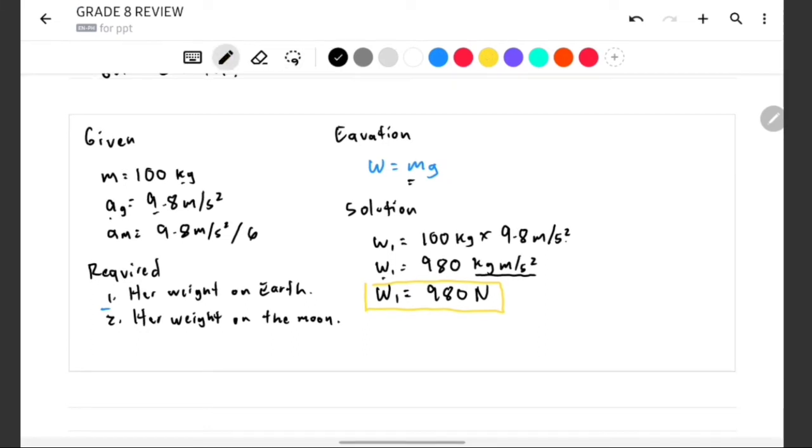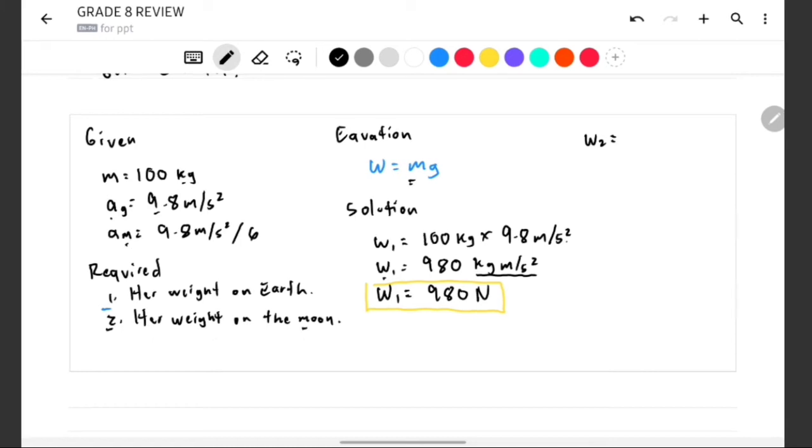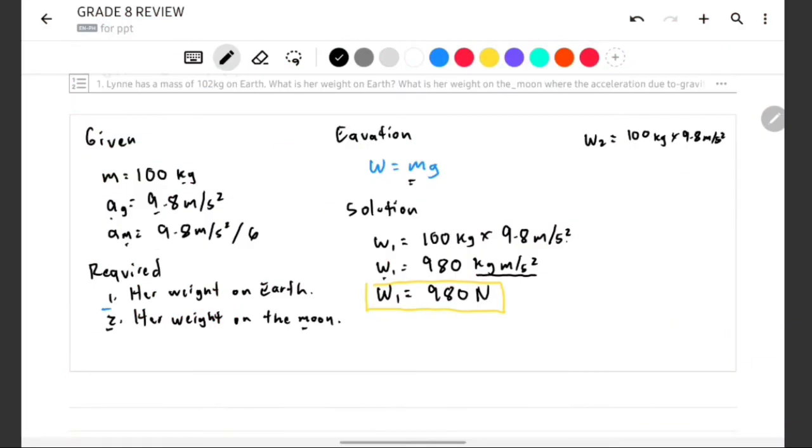So, W2 naman, W2 is equal to, same pa rin naman kasi hinanap natin, W2 is yung weight lang niya on the moon. Kunin muna natin yung weight niya on Earth. However, sabi nga dito, nagbago yung setting which is nasa moon na siya. Ibig sabihin, yung 9.8 na yan, 1/6 na lang siya.